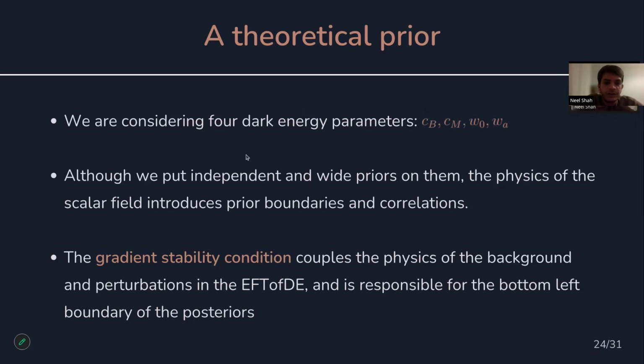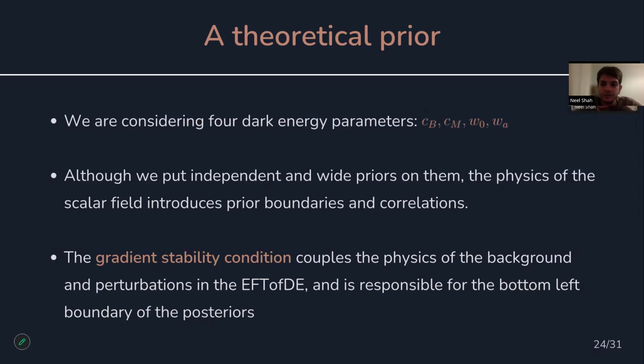So, in our theory, we are varying 4 parameters describing dark energy. We have 2 parameters which describe the perturbations, which are CB and CM, and 2 parameters which describe the background expansion, which are W0 and WA. In the priors that we put by hand on these parameters, all these parameters are independent and all of them have wide priors.